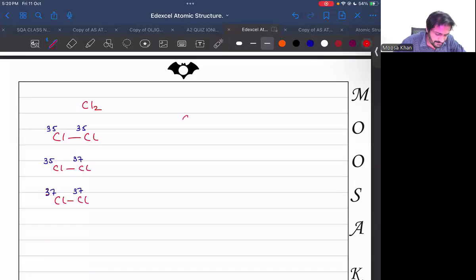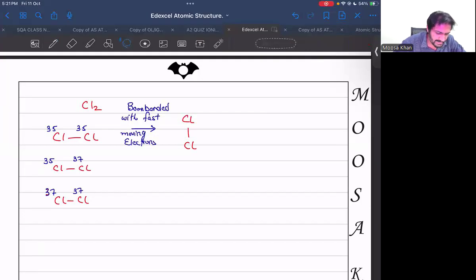Now what happens in a mass spectrometer? Every sample that we enter into a mass spectrometer is bombarded with fast moving electrons. What do these electrons do to the molecule or any sample present in the mass spectrometer? When these electrons collide with the molecule, they may collide anywhere.